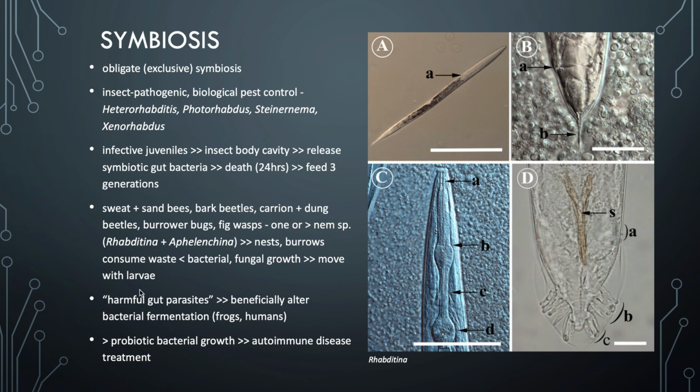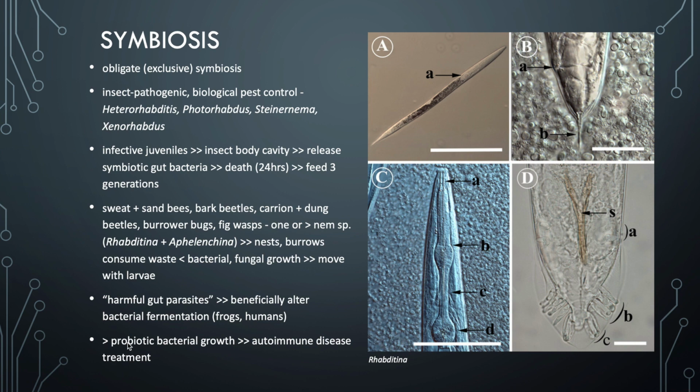But some thought to be parasites turn out to actually be beneficial because they alter the way that bacteria in the gut of frogs and humans ferment food. And it turns out to be a very beneficial symbiosis, and they live there in our gut and in the frog's gut and provide benefit.